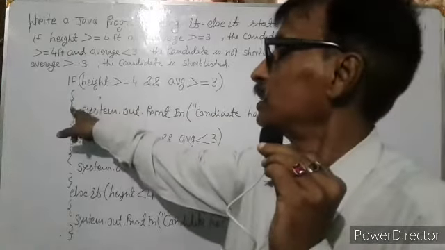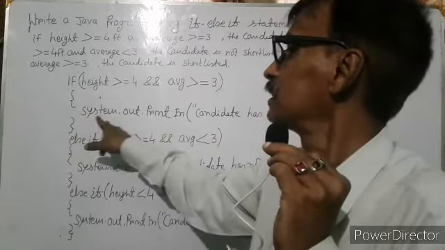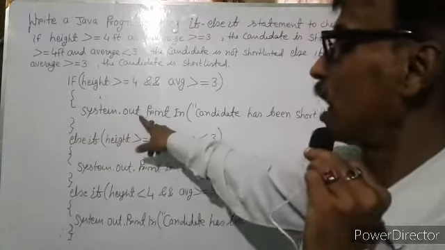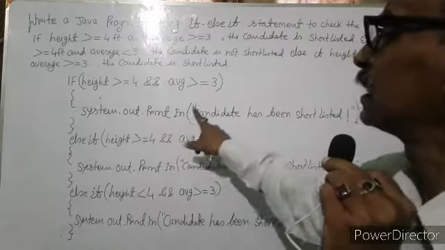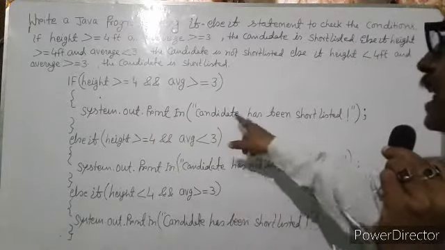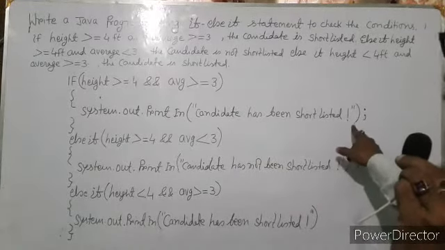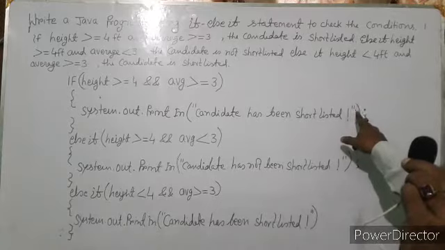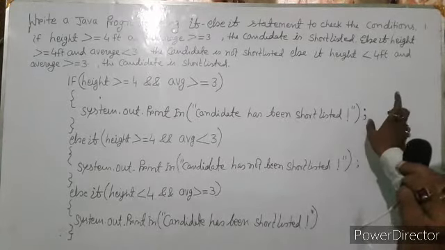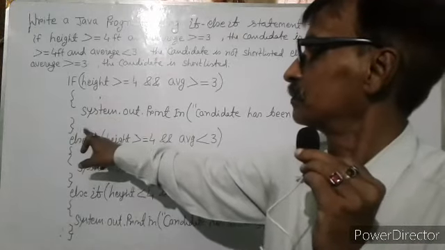Here the process begins, braces begin, System dot out dot println parenthesis begin, within quotes, candidate has been shortlisted, sign of exclamation, within quotes close, parenthesis close, semicolon. This process is terminated.